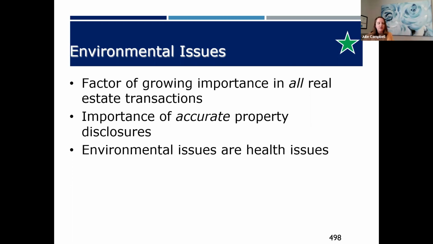The reason it's important to us in real estate is because environmental issues are health issues. Health issues deal with people. Do you know who I'm working with to help buy and sell houses? People. So we need to be aware, make sure that they're making that informed decision to buy or sell. Help point them in the right direction so they know where to investigate and where to learn about these issues.